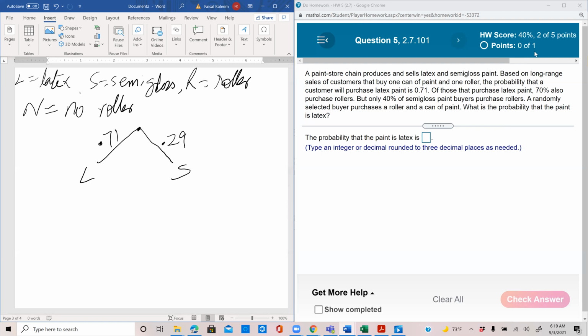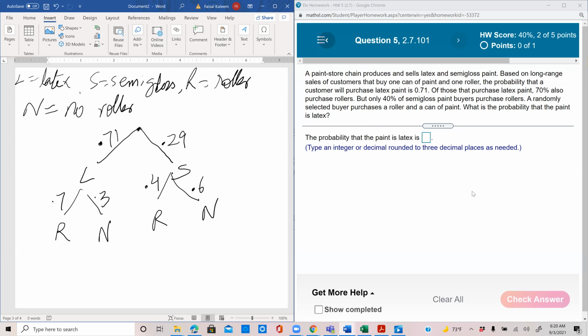Of those who buy latex paint, 70% purchase rollers. So from here, a roller would be 70% and not roller would be 30%. Similarly for semi-gloss, only 40% buy rollers, so not roller would be 60%, 0.6. They say a randomly selected buyer purchases a roller and a can of paint.